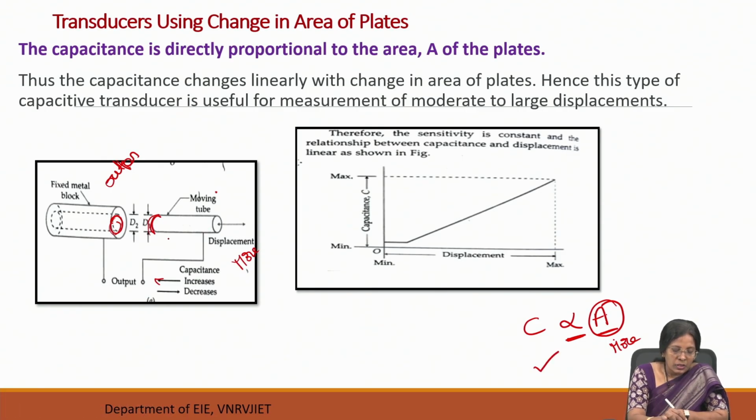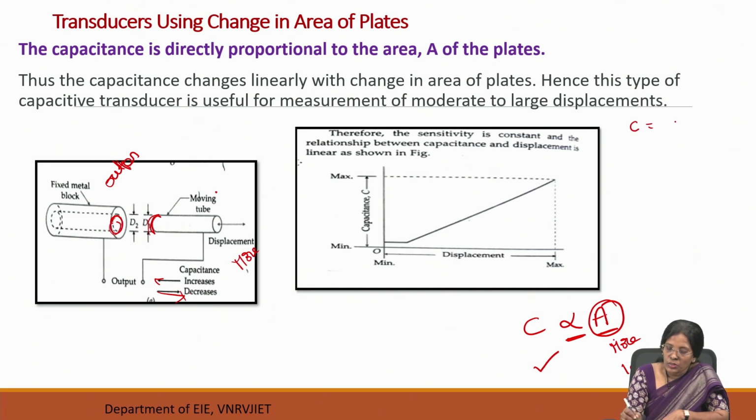When the movable cylinder moves in this direction, the overlapping area is less, and the capacitance is automatically less. Now we can write the formula for the capacitance.